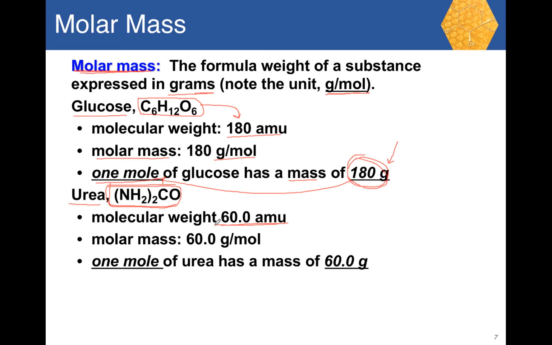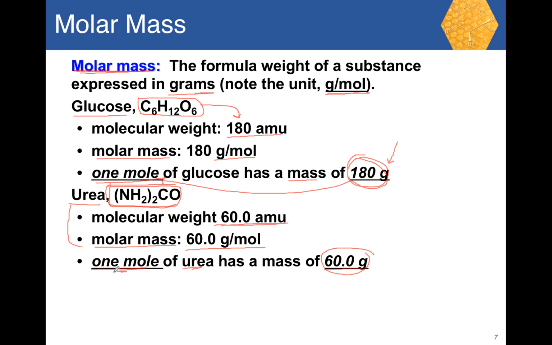And here it is, 60.0 AMUs. Notice the unit, atomic mass unit. The molar mass of urea is 60.0 grams per mole, which means that 1 mole of urea will weigh 60 grams, or 60 grams of urea is 1 mole.